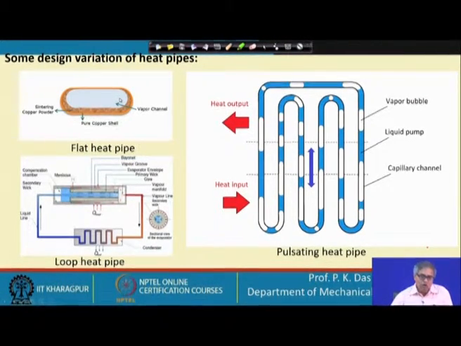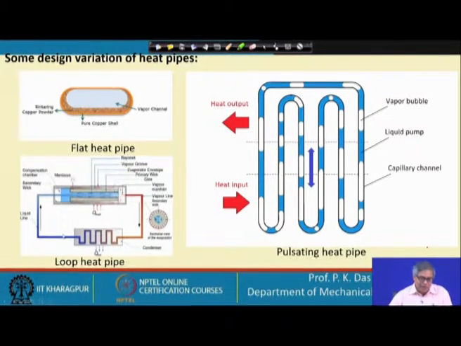So, it is long, normal to the diagram it could be long, but this is a flat pipe, and these flat pipes are very handy when we have to go for compact systems, electronic component cooling, cooling of laptops and some such devices. We will see another photograph later on.